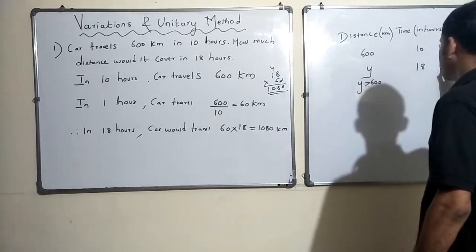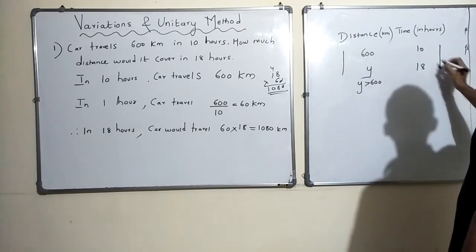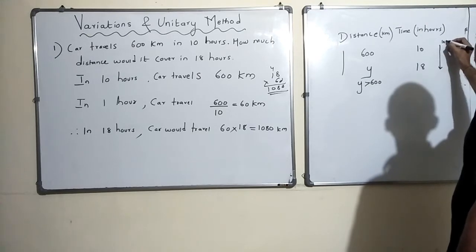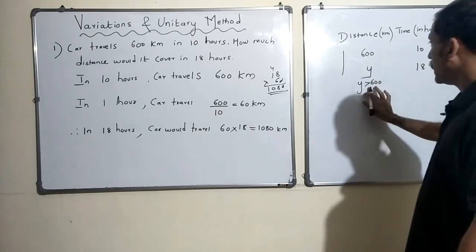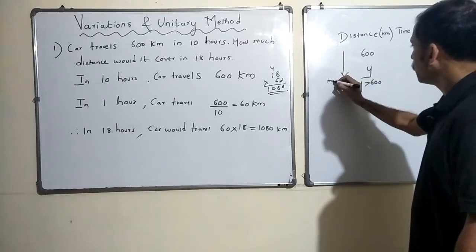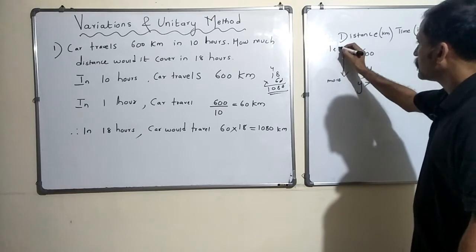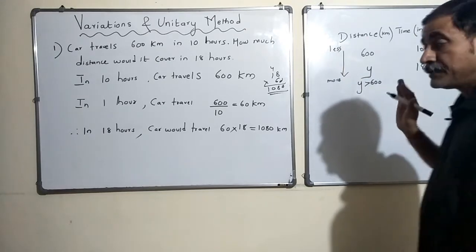Let's draw the arrows. 18 is greater than 10, so this is the less side and this is the more side. Similarly here y is greater than 600, so more. Now if you see, both the arrows are pointing in the same direction, so it is a case of direct proportion.